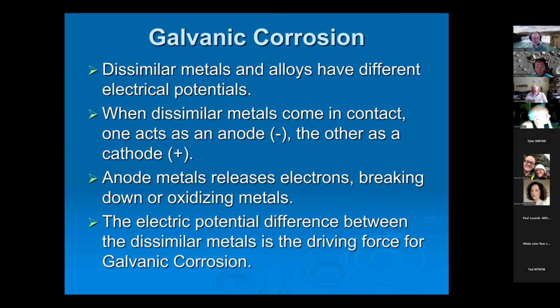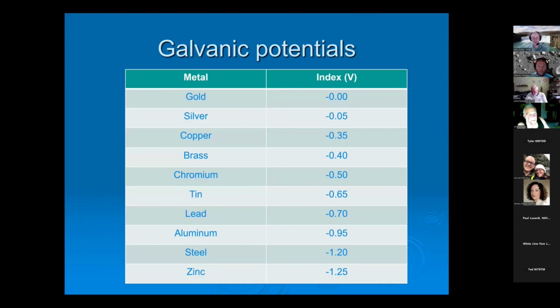So as that anode releases those electrons, those metal pieces will start to oxidize and break down and start falling apart. The electric potential difference between the dissimilar metals is the driving force for galvanic corrosion. So those are two kinds of metals that you just don't want to put together unless you do things right, and we'll get into that.